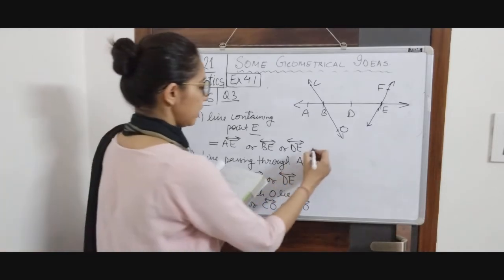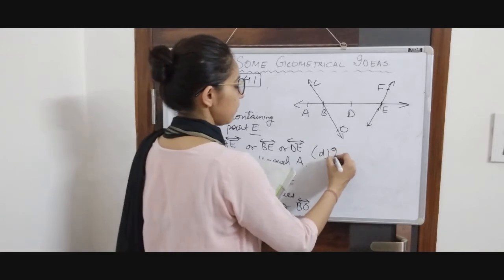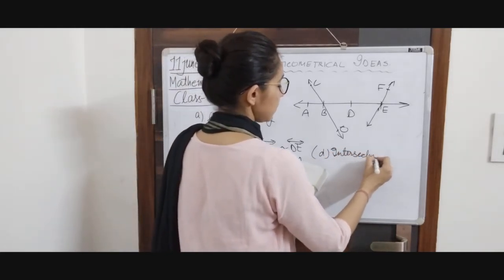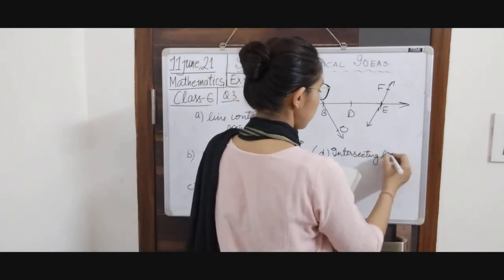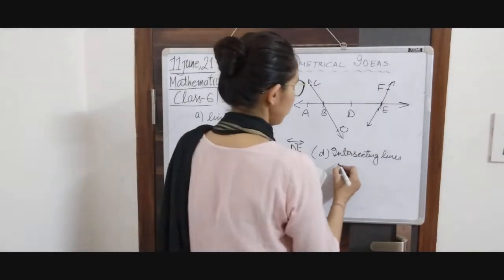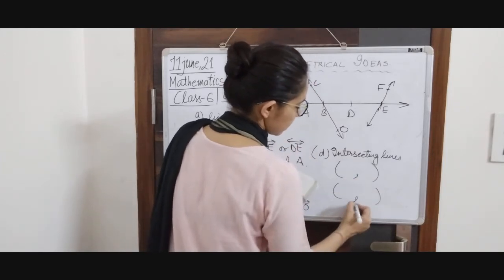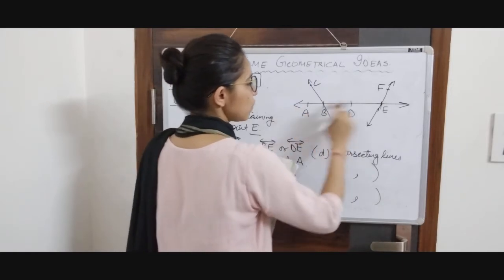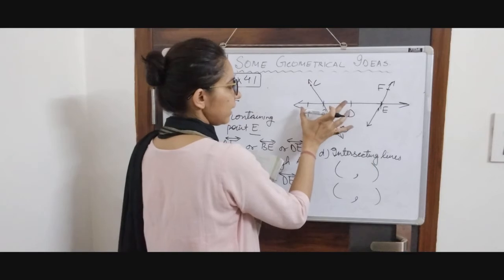Then D part is two pairs of intersecting lines. Intersecting lines, as we have discussed already, are those lines which have one common point. Two lines which have one common point. Because we have to write pairs, we will write it like this. This is one line, this is one line, and they have one common point, that is B. So we will write a name for this line.